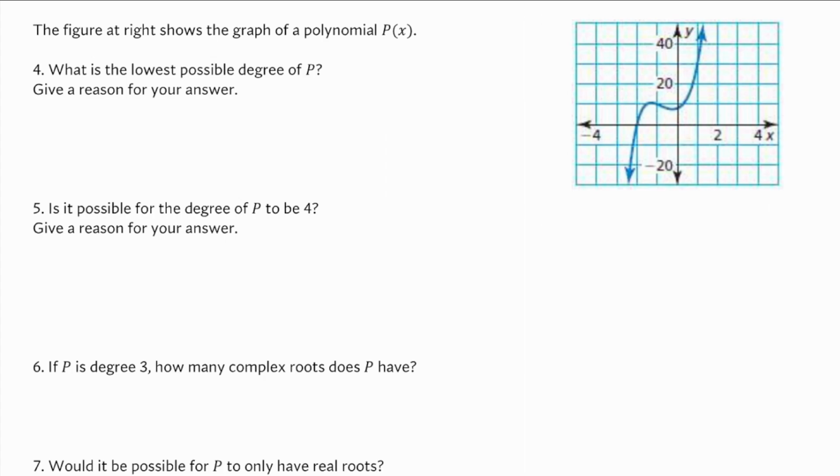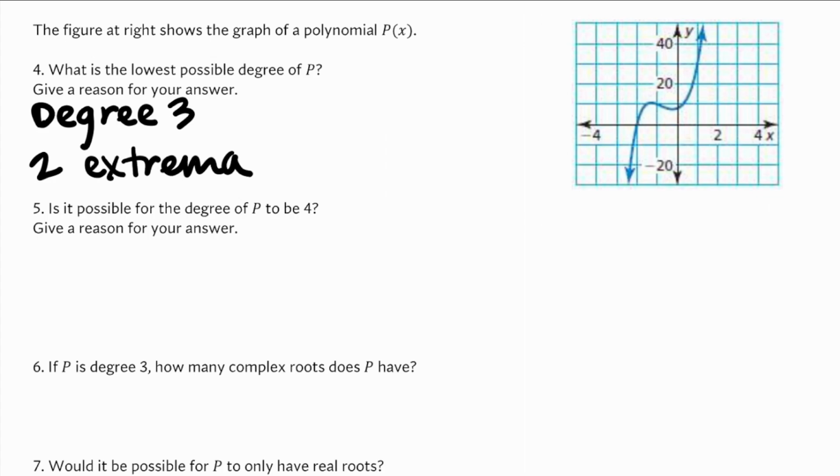Okay, the figure on the right shows the graph of a polynomial p of x. What's the lowest possible degree of p? I would say, based on these 2 relative extrema, degree 3. Okay, is it possible for the degree of p to be 4?